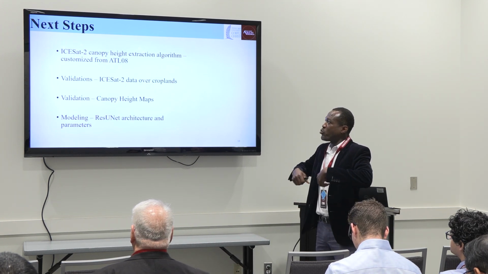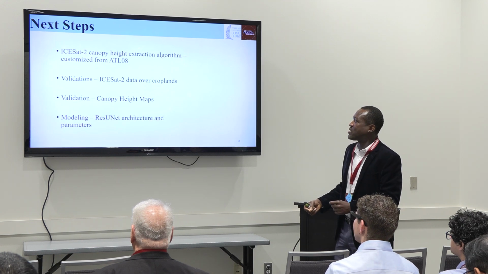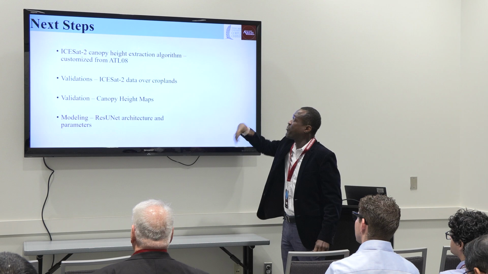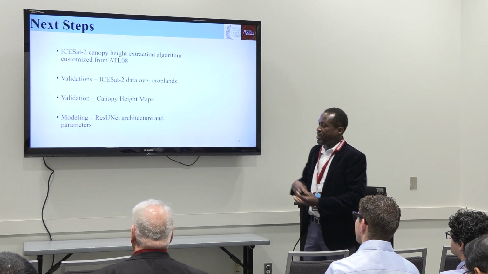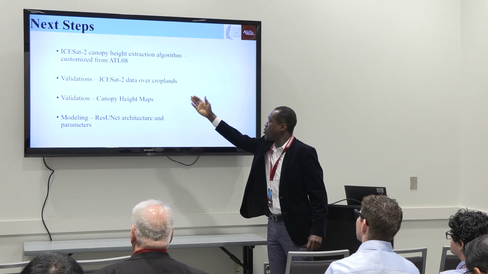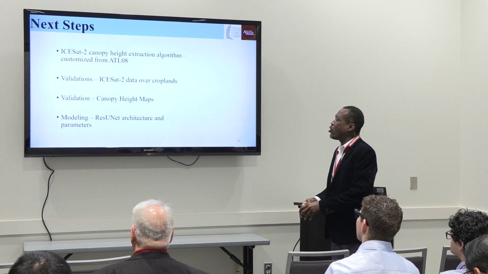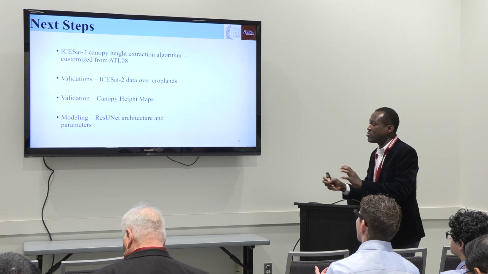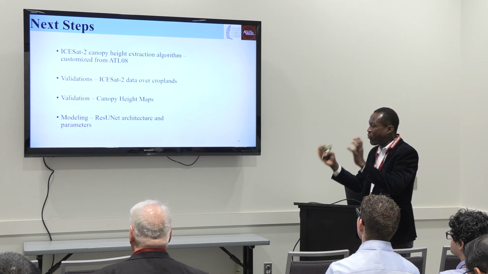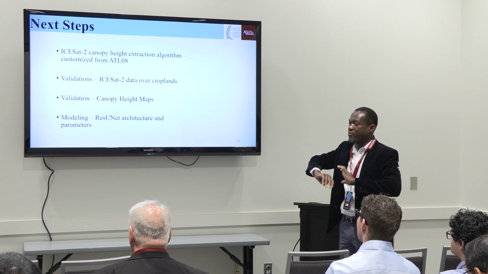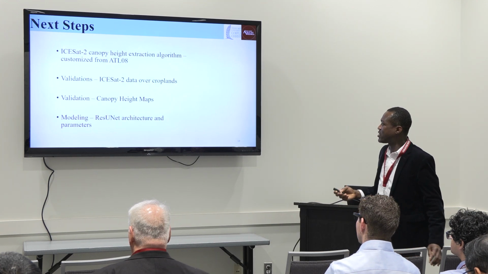So I want to get a very consistent data set to use. So I intend to develop an algorithm to do the extraction. There is an existing ATL08 algorithm. I want to look at this and see how I can customize it for canopy height for crops only, because currently the ATL08 is for all different kinds of vegetation.